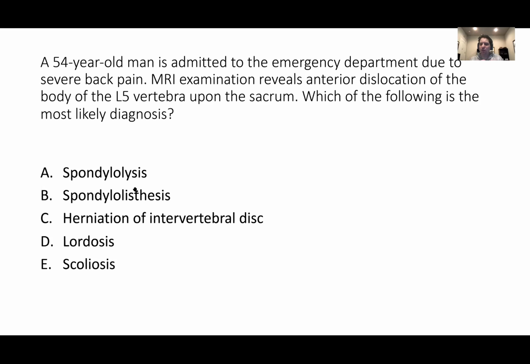Spondylolysis is just a fracture. When you look at the oblique view of the Scotty dog, it's a fracture of the pars interarticularis, which is the collar of the Scotty dog. Now, if you get an anterior dislocation of that superior vertebra, or that superior portion of the fracture, then you get spondylolisthesis. Again, the bigger word, the worse it is.